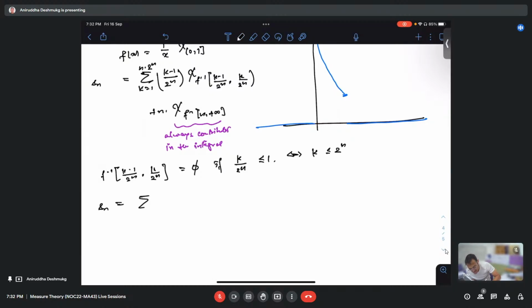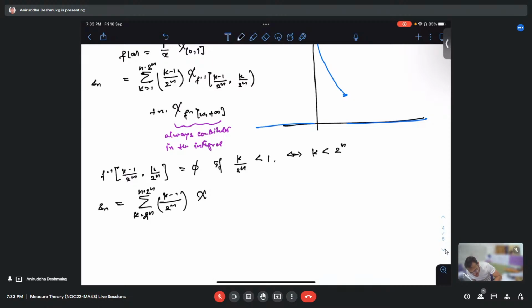So Sn is actually the sum over k from 2 to the power n. At 1 it is non-empty, because at 1 there is the singleton 1. So it is strictly less than 2 to the power n. So from 2 to the power n to n into 2 to the power n, k minus 1 by 2 to the power n, chi of f inverse. So I can now write what f inverse is.